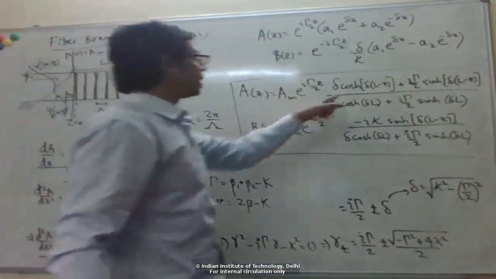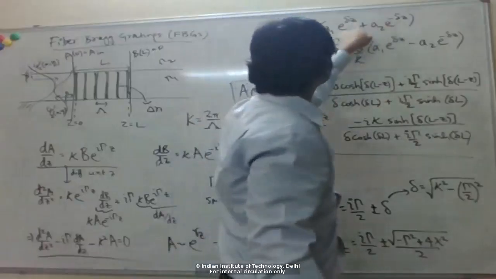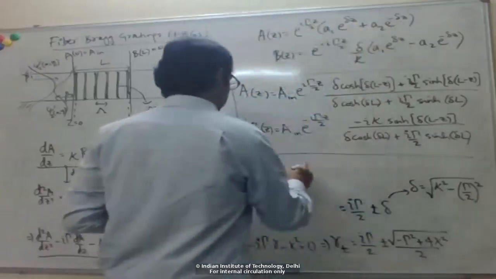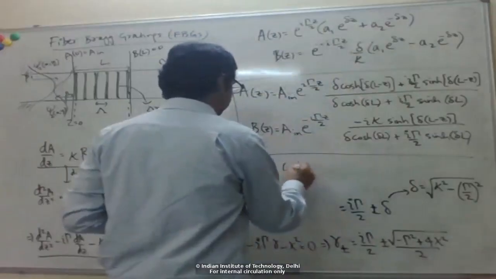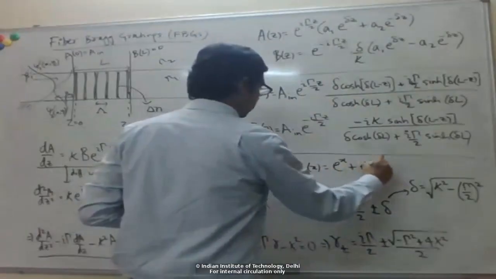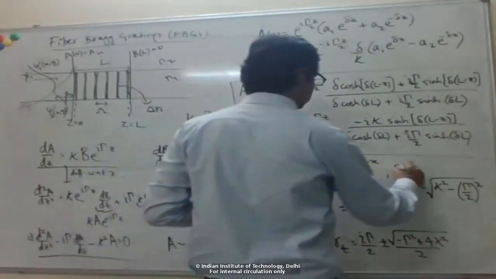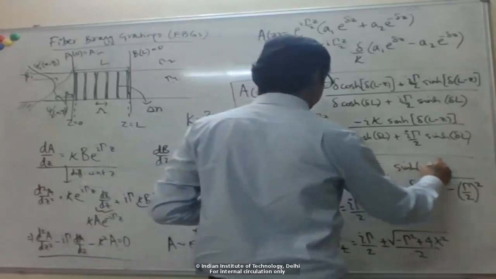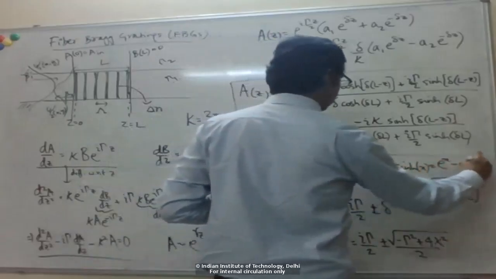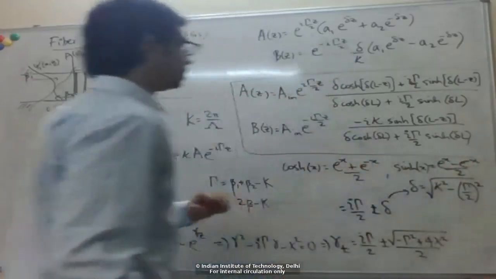The solutions are in terms of hyperbolic functions, again because these were real quantities. Recall hyperbolic functions are defined like this. So cosine hyperbolic of x is that, and they're defined in terms of real exponential functions.